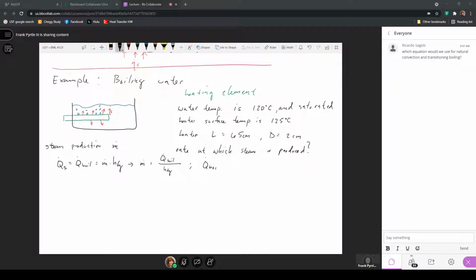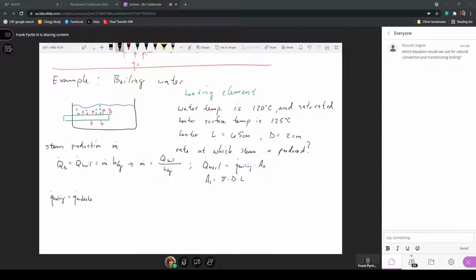So here, when we're calculating this heat transfer rate, Q dot boil is just the heat flux for boiling times the surface area over which that heat flux would be occurring. So in this problem, if we're just considering heat transfer from the perimeter of the heater, our surface area just becomes pi D L. And our heat flux for boiling is that heat flux associated with nucleate pool boiling.